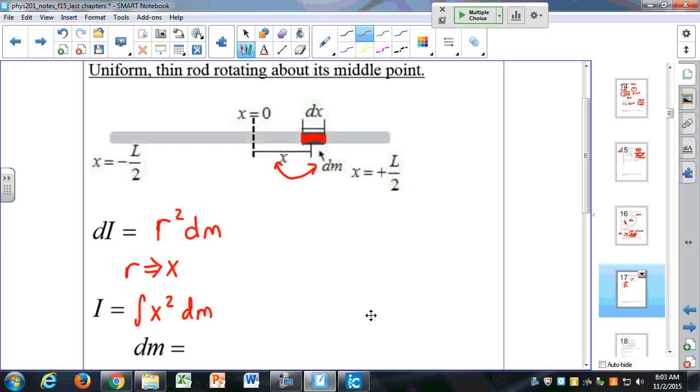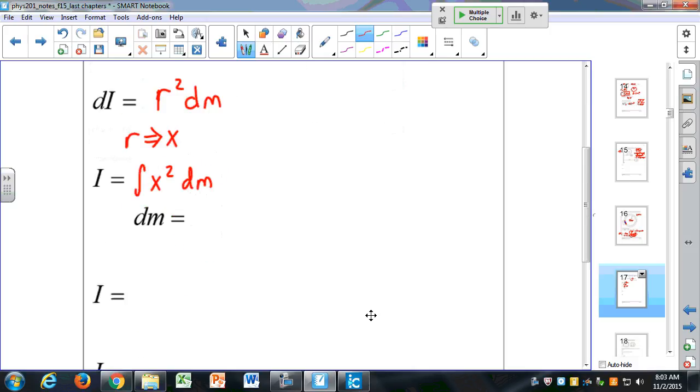All right. So now I need to define dm in terms of x. And this will be sort of the first crucial step. This one's a little bit harder than the previous one, but it's easier than the ones that we'll see next.